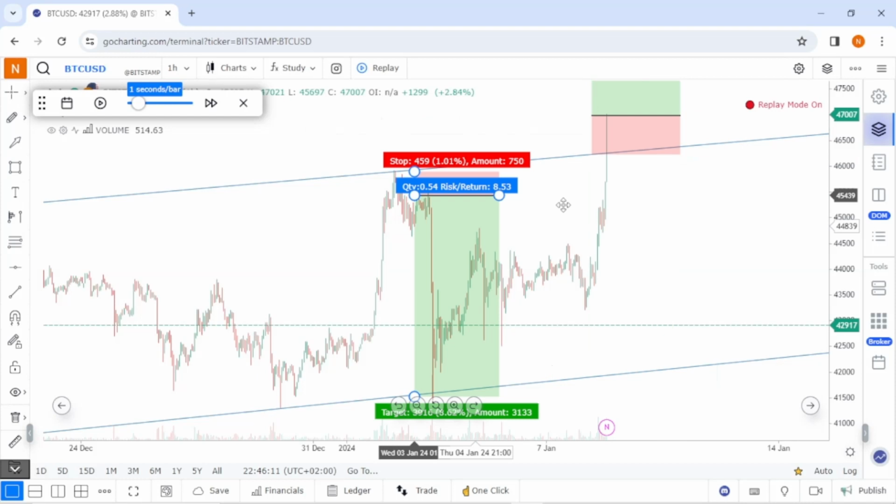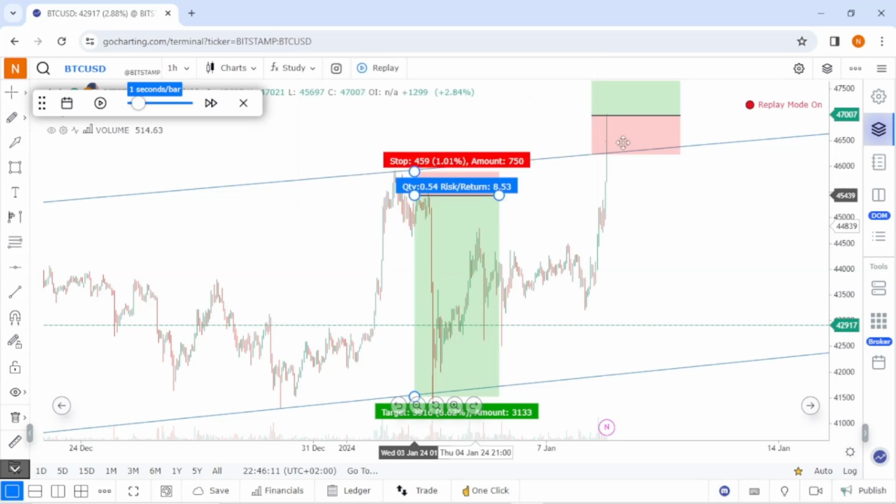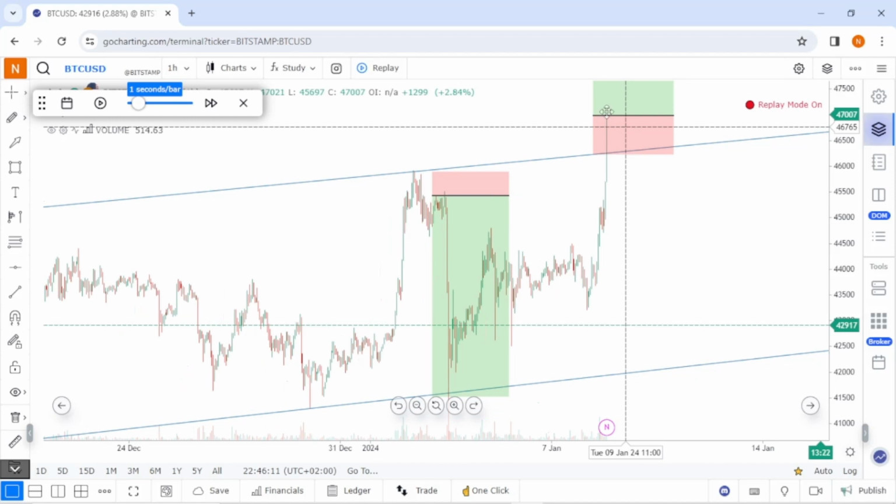Okay. So this is what a trader that does not have patience would have done. Now they would have placed their buy positions roundabout here, right? This is where they would have decided to buy because this is where the candle closed.